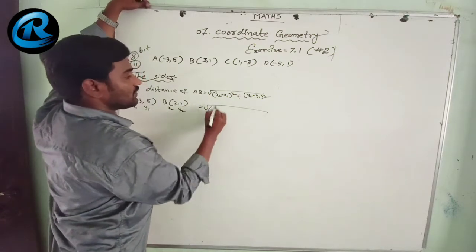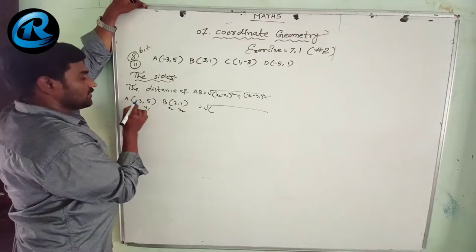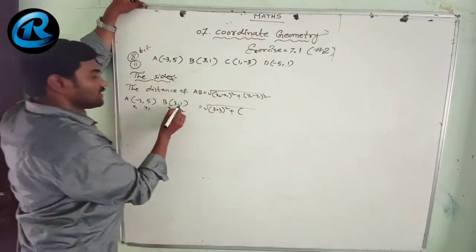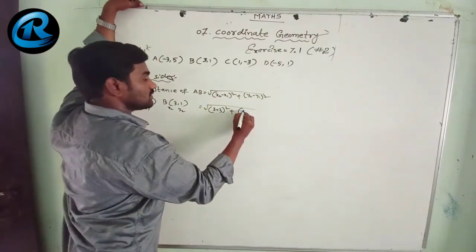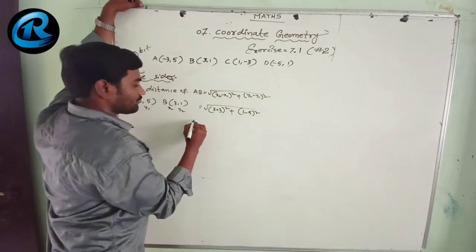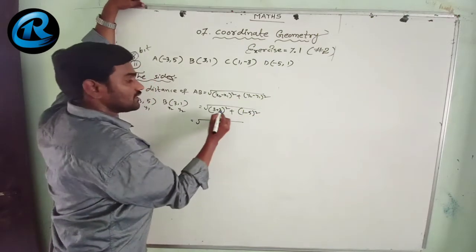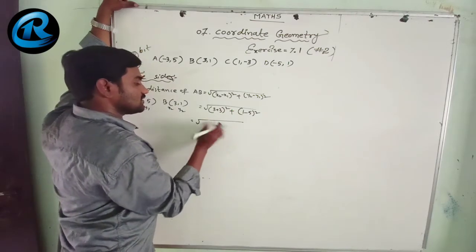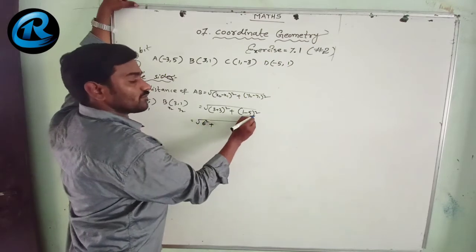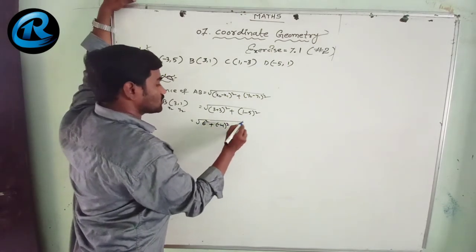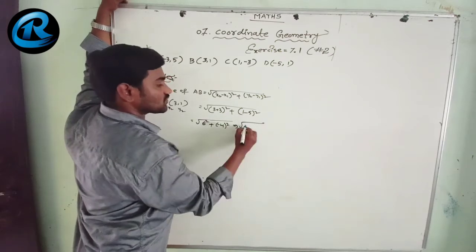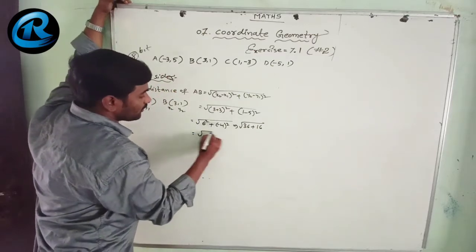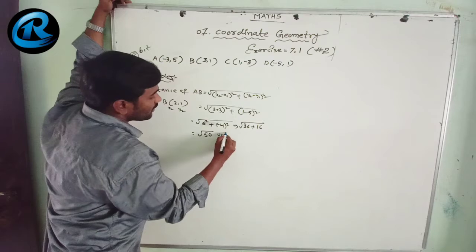That equals under root of x2 minus x1, 3 minus of minus 3, that means 3 plus 3 whole square, plus y2 minus y1, 1 minus 5 whole square. That equals 3 plus 3 is 6 square plus 1 minus 5 is minus 4 whole square, that equals under root of 6 square is 36 plus 4 square is 16, that equals root 50 units.